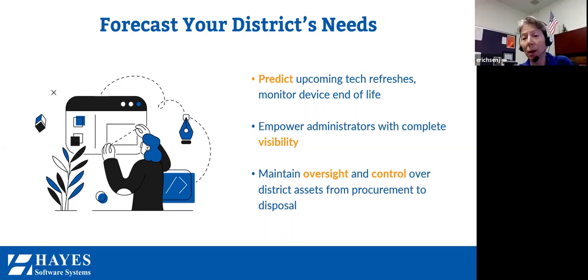I'm tracking all of my MiFis. I'm tracking multiple devices per student if they needed a second one. We're tracking all of our desktops, laptops, servers, virtual servers, access points, and network equipment.